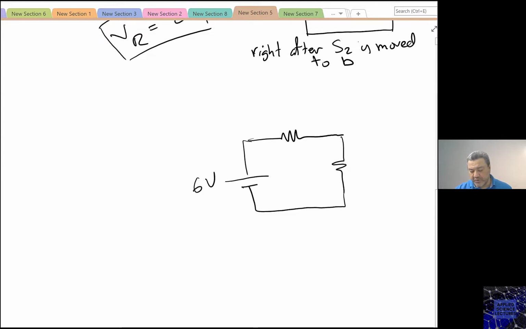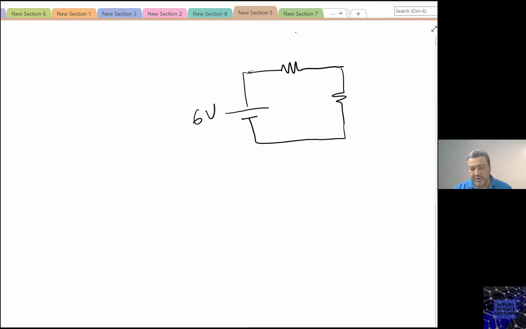When the switch was closed for a long time, remember this means the inductor is replaced by a piece of wire. So this is for B, this is for A.